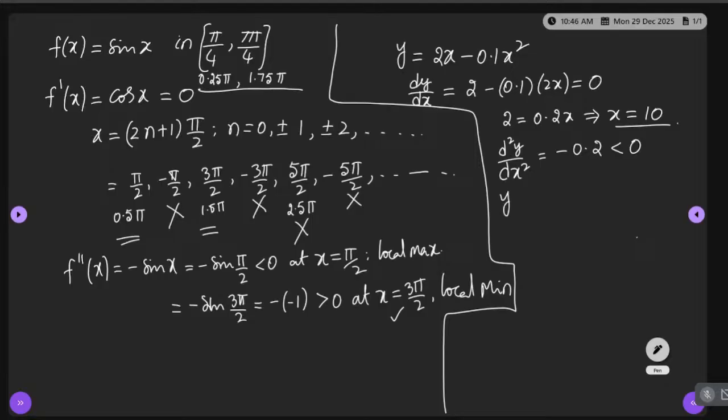So the maximum height is the y value at 10: 2 into 10 minus 0.1 into 10 square, 20 minus 10, that is 10 only. Maximum height is 10 meters.